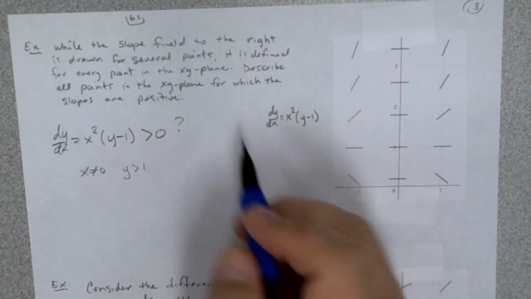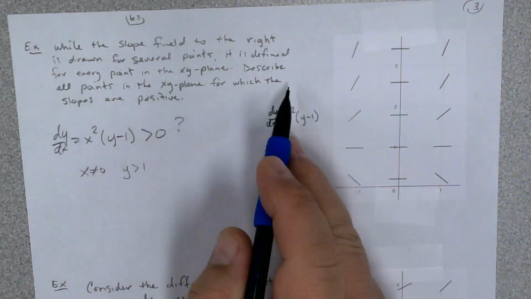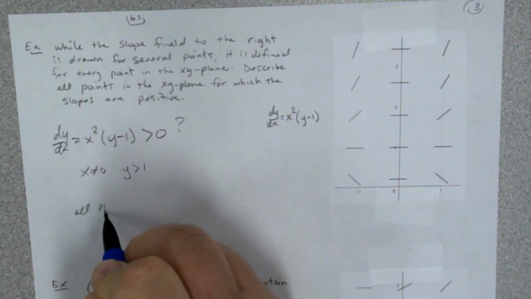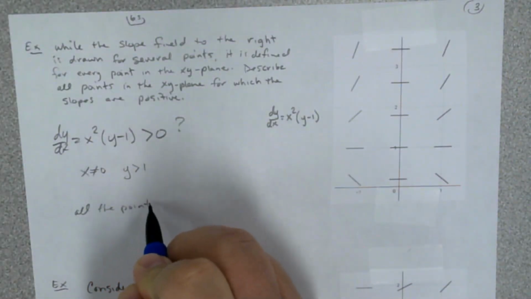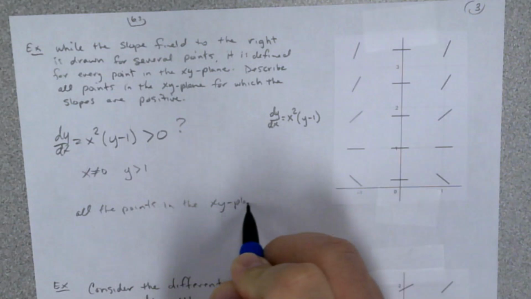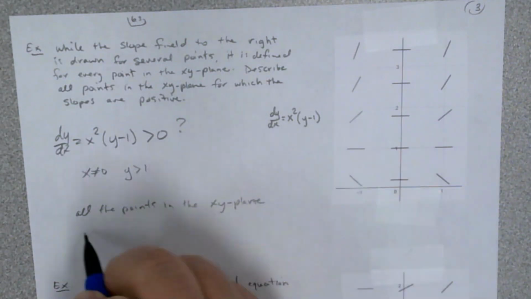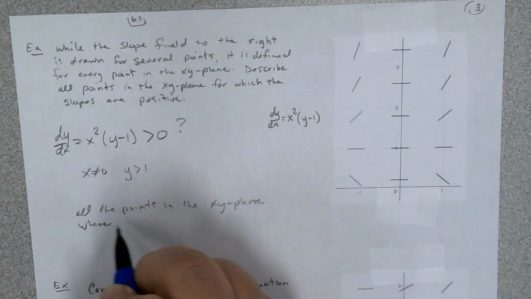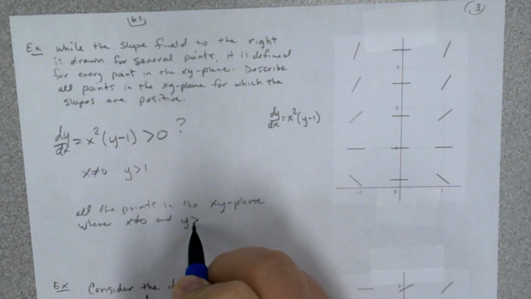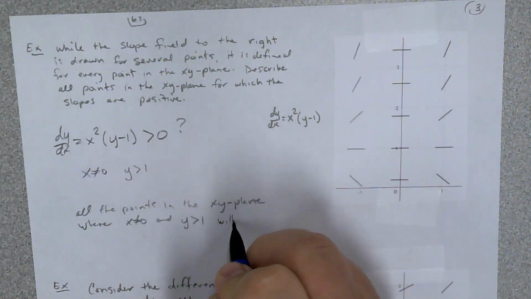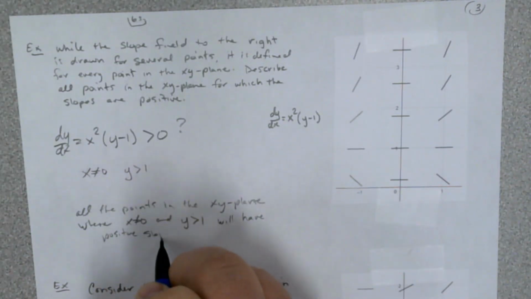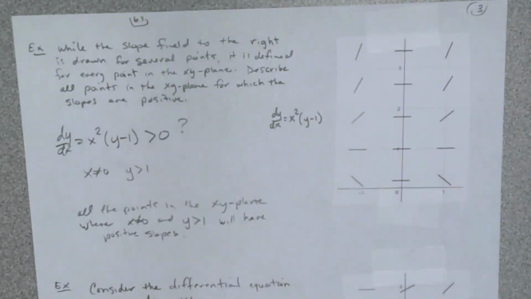So then for your description, describe all the points in the xy plane for which the slopes are positive, you simply write: all the points in the xy plane where x does not equal 0 and y is greater than 1 will have positive slopes. And so that's how they would do that one.